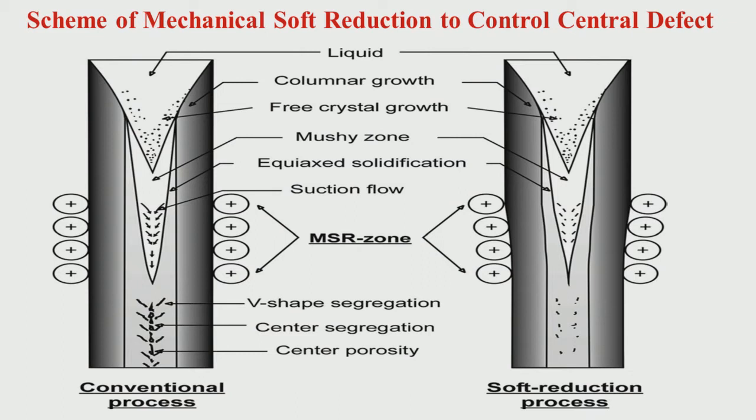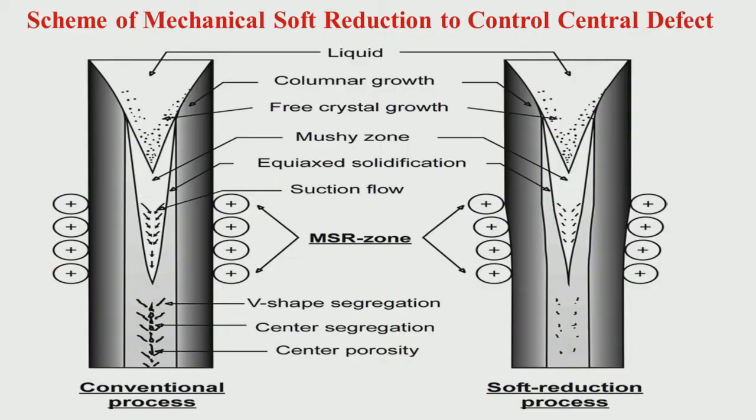Then it comes out of the mold, and if it is a curved mold, you require only unbending or straightening of the strand to make it horizontal. If it is a straight mold, first you require bending and then unbending or straightening to make it horizontal.